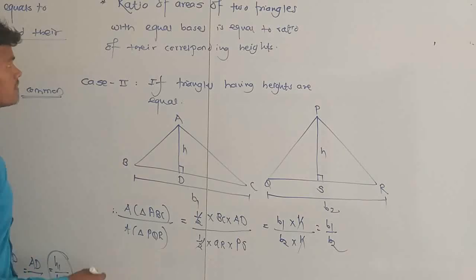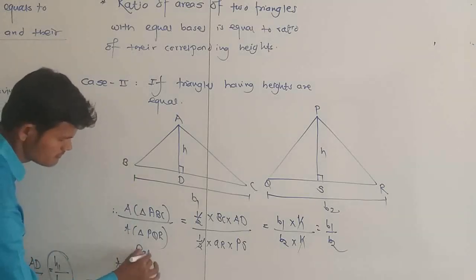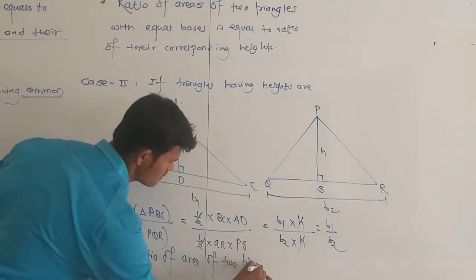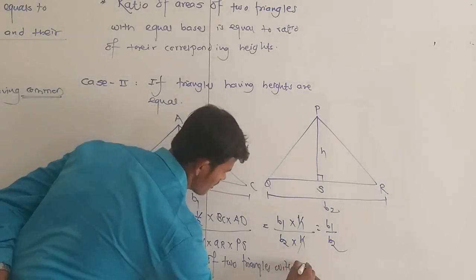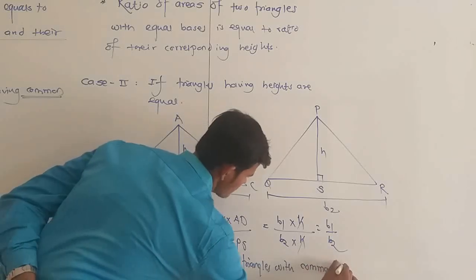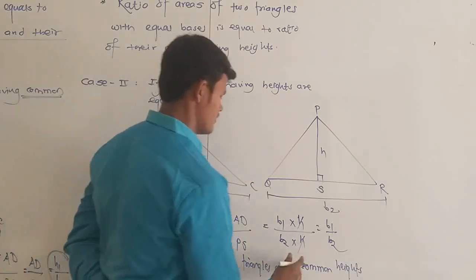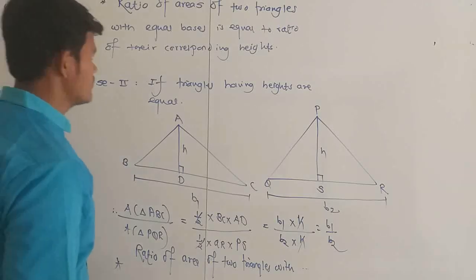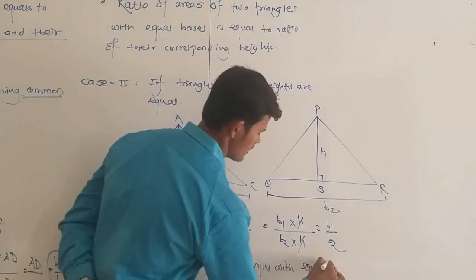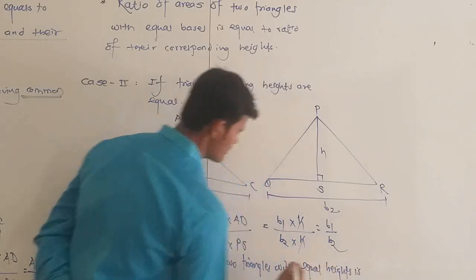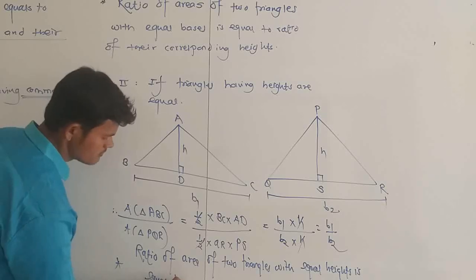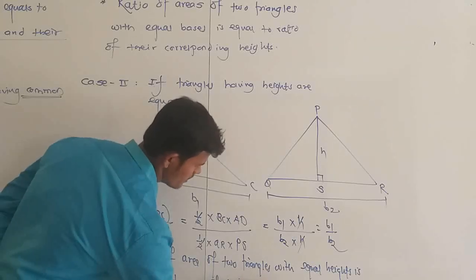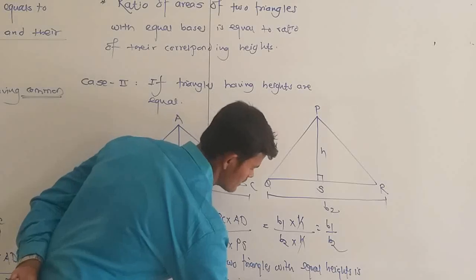That means this statement can be written as: the ratio of the areas of two triangles with equal heights is equal to the ratio of their corresponding bases.